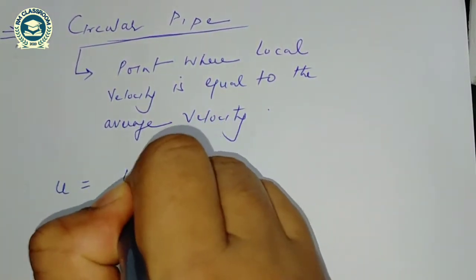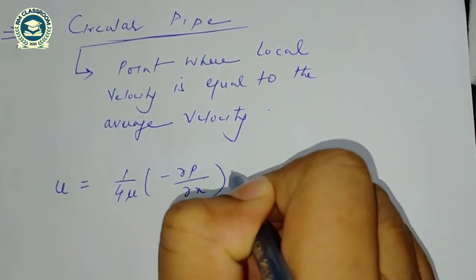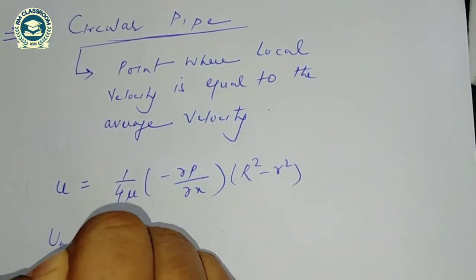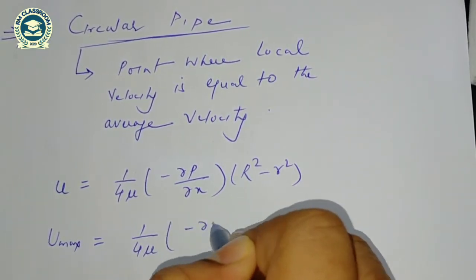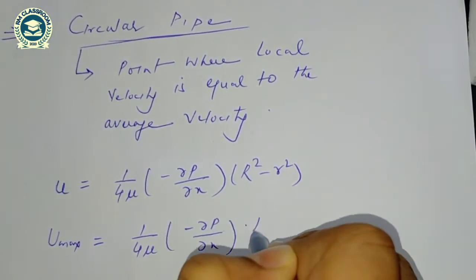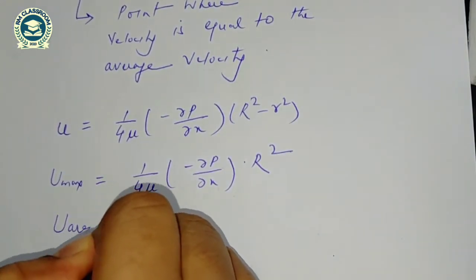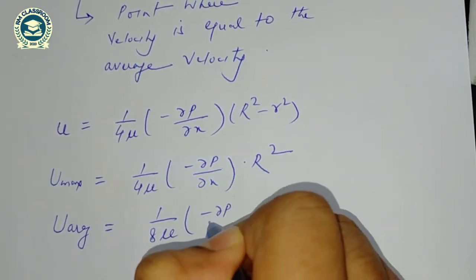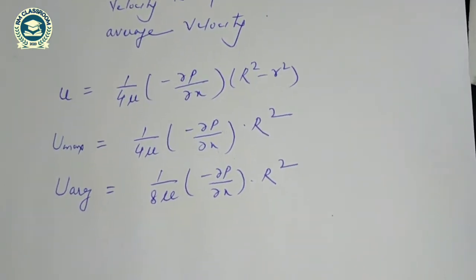local velocity is 1 by 4 mu minus del P by del X into R square minus small r square. Maximum velocity is 1 by 4 mu minus del P by del X into R square, and the average velocity is equal to 1 by 8 mu minus del P by del X into R square.